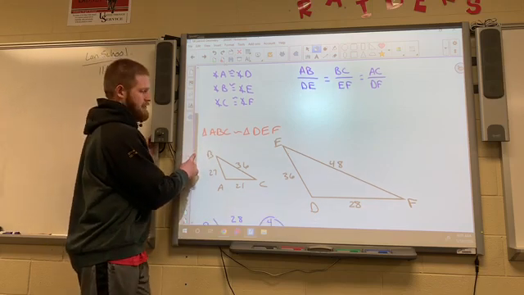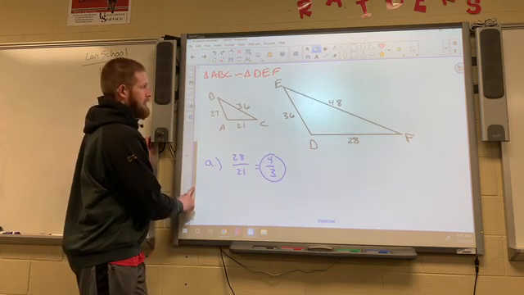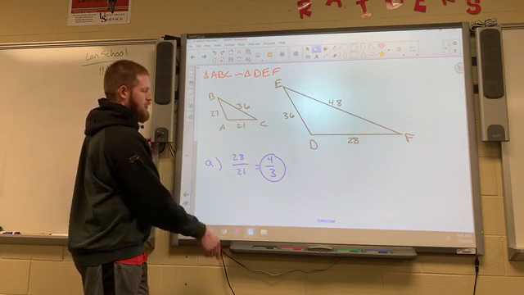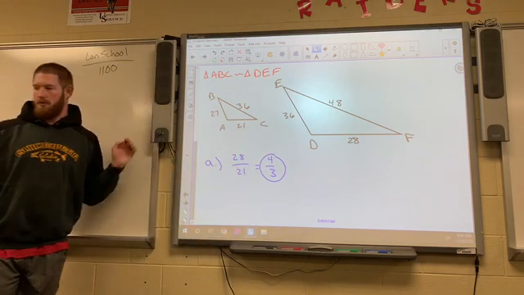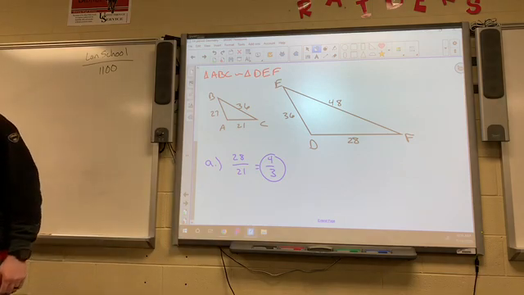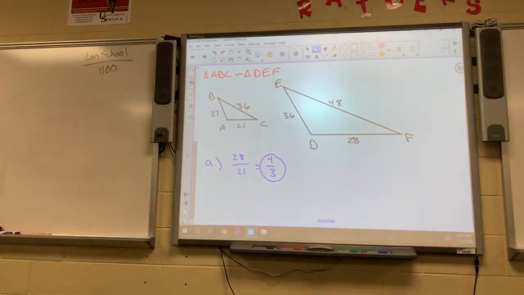We should not be doing decimals anymore. So 28 over 21, I reduced that by dividing both by 7. I got 4/3. If that would have been backwards and I wanted to go from DEF to ABC, that would have been a reduction, which would have had to be 3 over 4. So just pay attention to which way they want you to go with those.